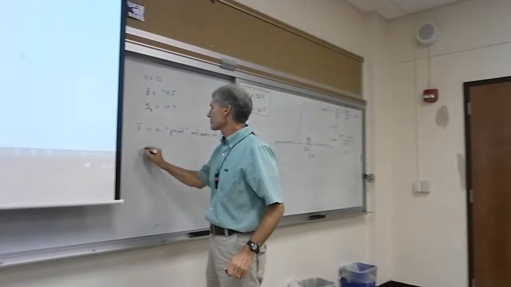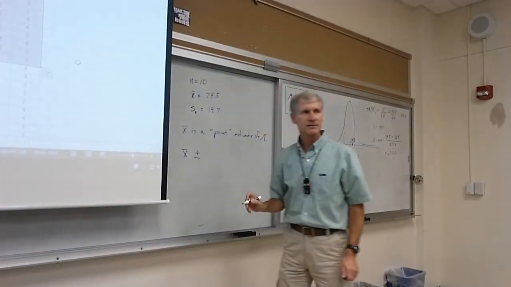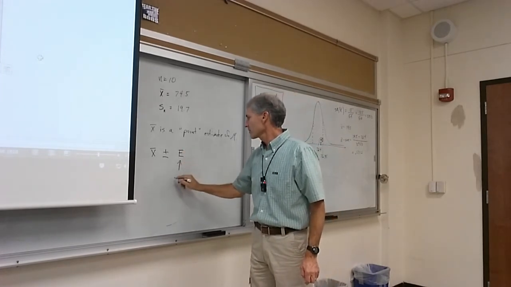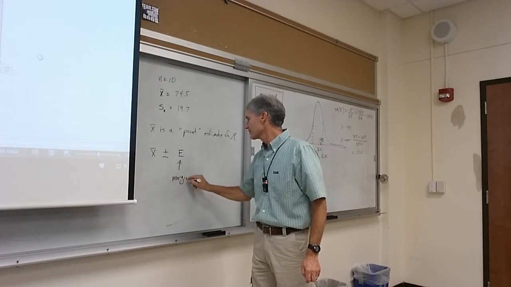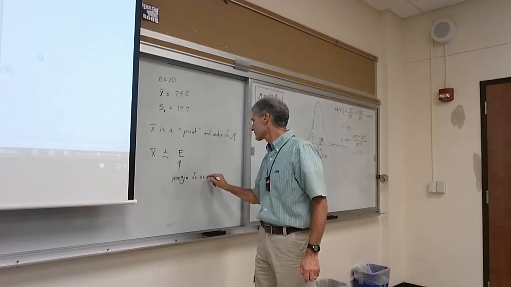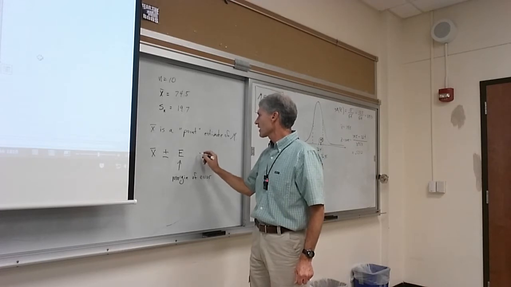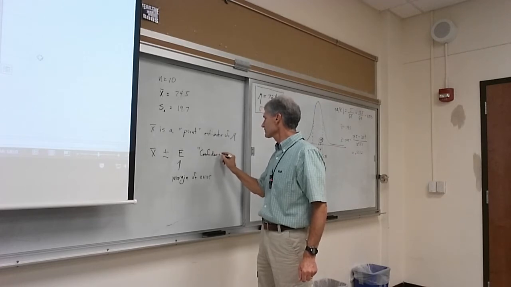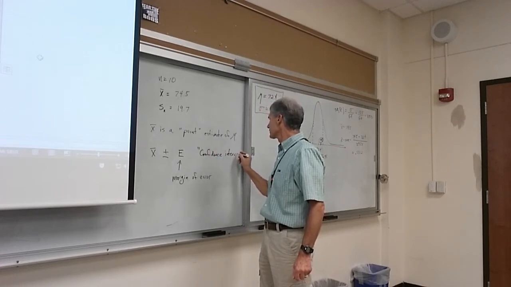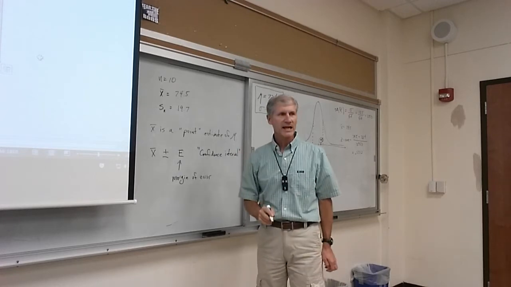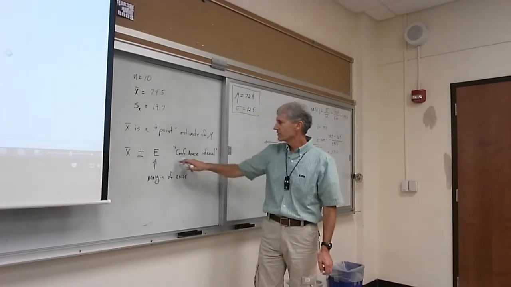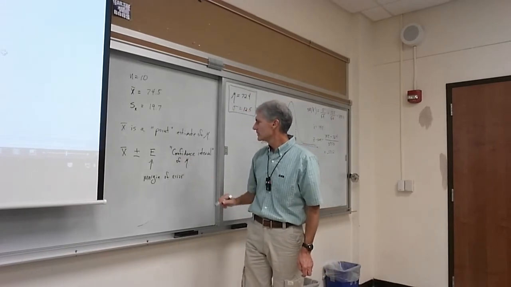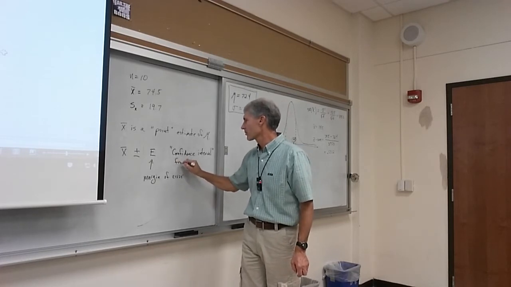So x bar plus and minus capital E. And that capital E is called the margin of error. This gives a confidence interval. That's what it's called, a confidence interval. Or more generically, an interval estimate for mu. Confidence interval for mu.